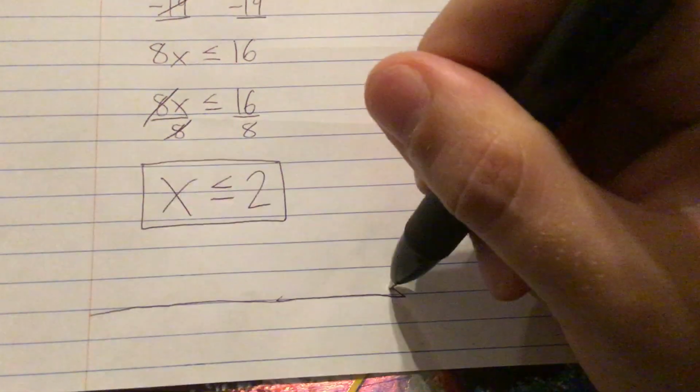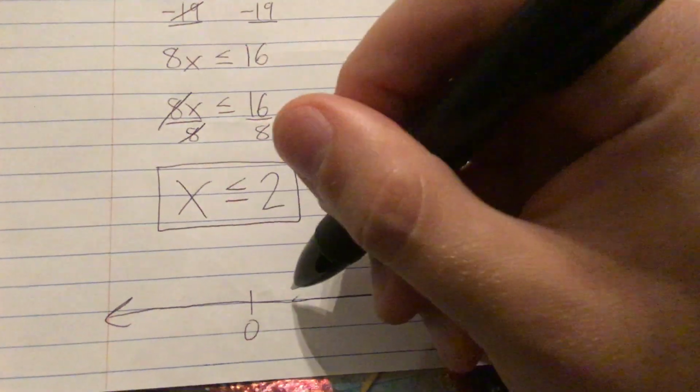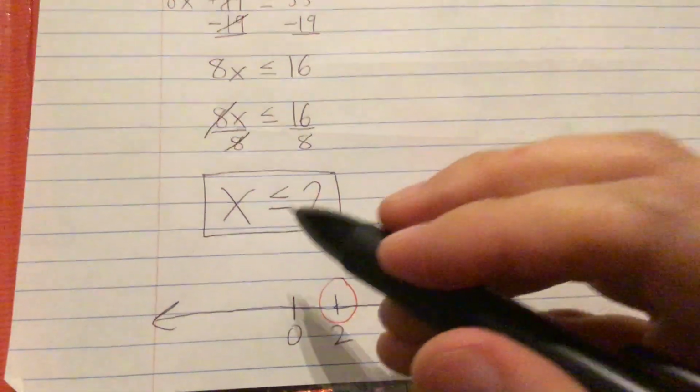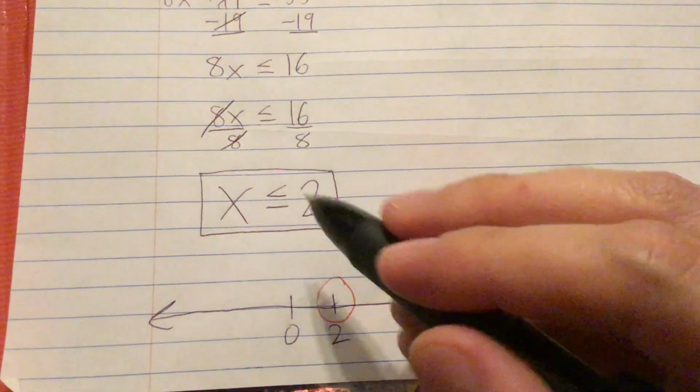I'm going to get my number line for the final time. I'm going to put 0 in the middle. I'm going to put 2 on the right. I'm going to circle my endpoint, and where am I going to shade? X is legally allowed to be any real number less than or equal to 2.